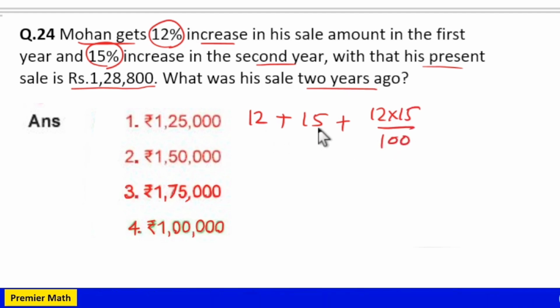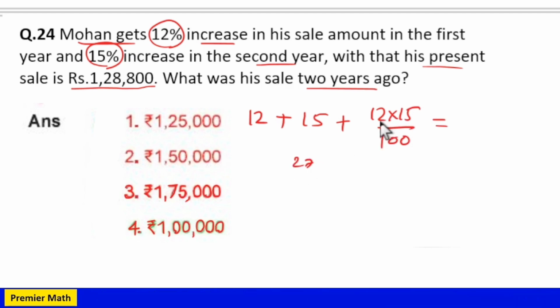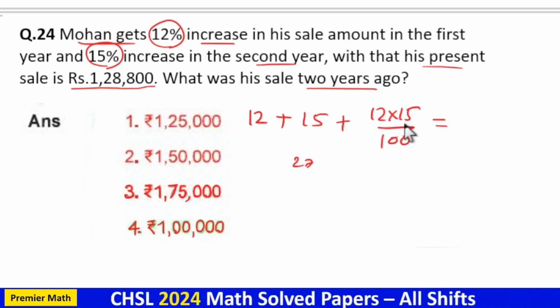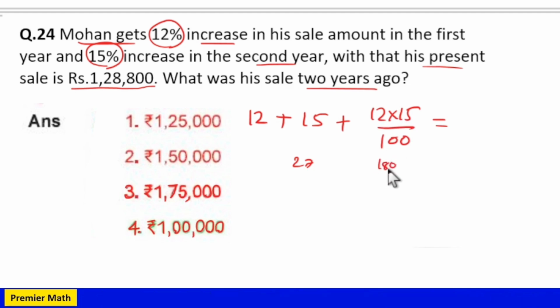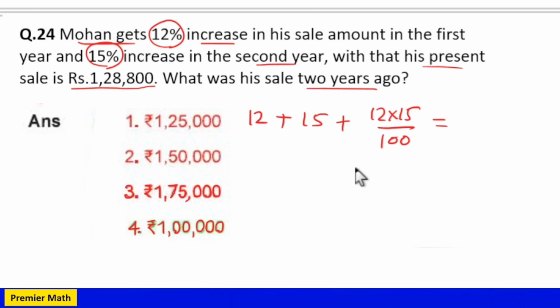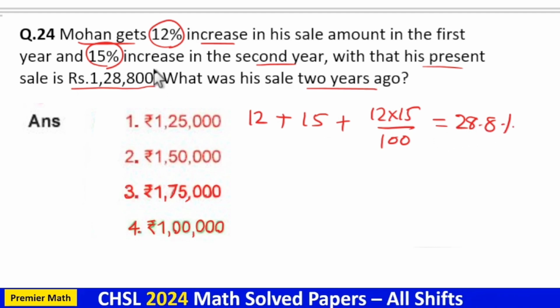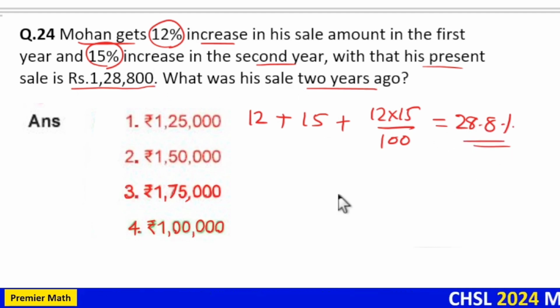That is A plus B plus AB by 100, which is equal to 12 plus 15, 27. 12 into 15: 12 into 10 is 120, 12 into 5 is 60, 120 plus 60 is 180. 180 by 100 is 1.8. So 27 plus 1.8 is equal to 28.8%. So in 2 years, increment is equal to 28.8%.